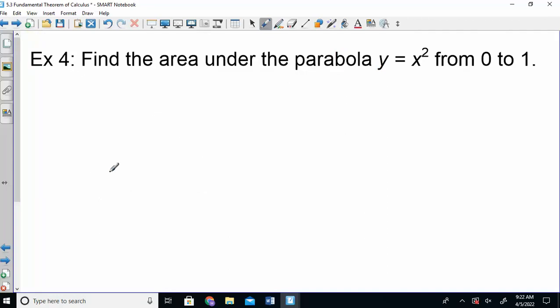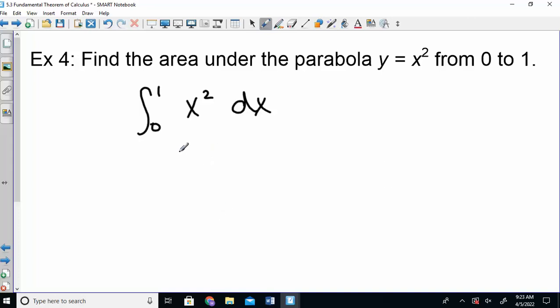If I ask for the area under the parabola, y equals x squared, from 0 to 1. Area under a curve, what does that mean? Area under a curve is just the integral, isn't it? So all I'm asking for is the integral from 0 to 1 of x squared dx.